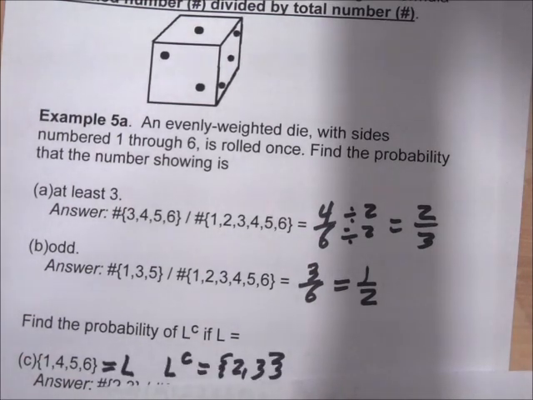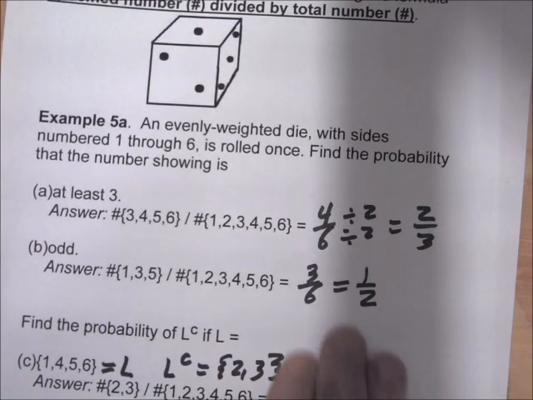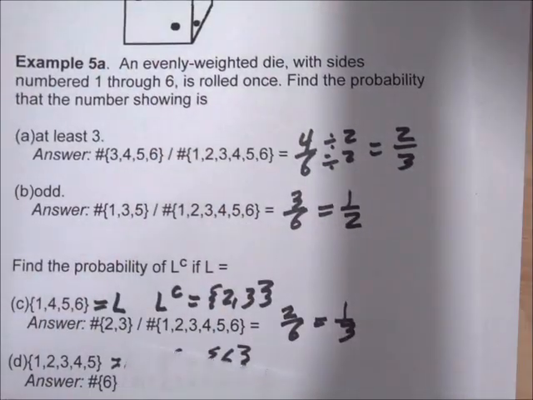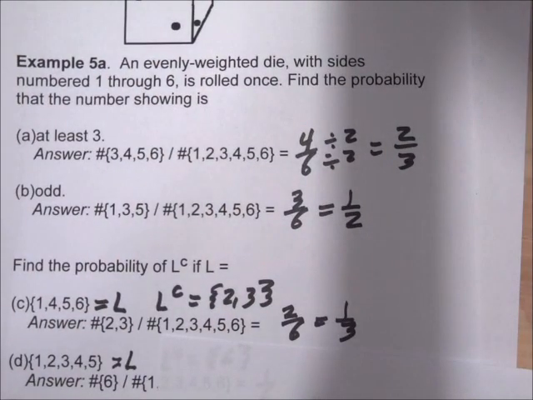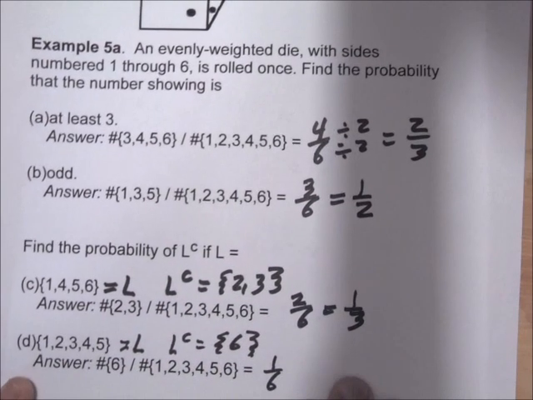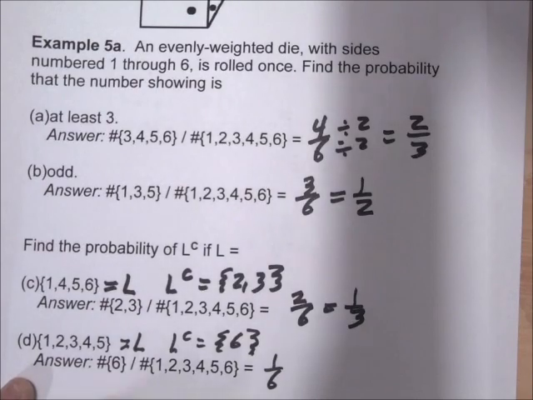So L complement would be 2 and 3. Count the number of sides in L complement: that's 2 divided by 6, which reduces to 1/3. If L is 1, 2, 3, 4, 5, what's left off is 6. So L complement is going to be 6. That's only one side out of 6. So the probability of L complement is going to be 1 out of 6.